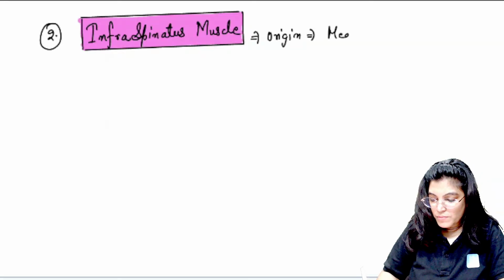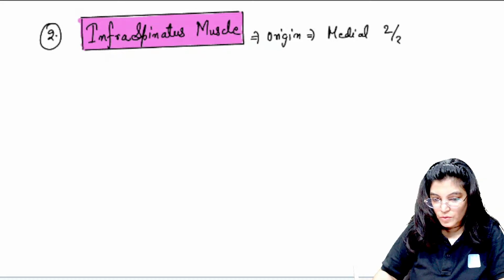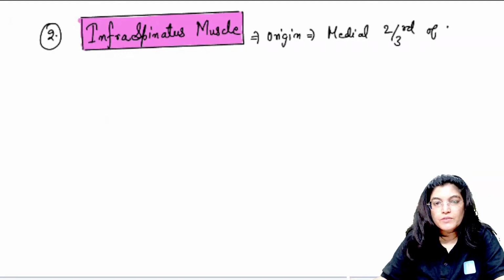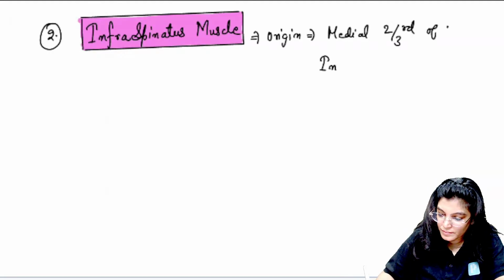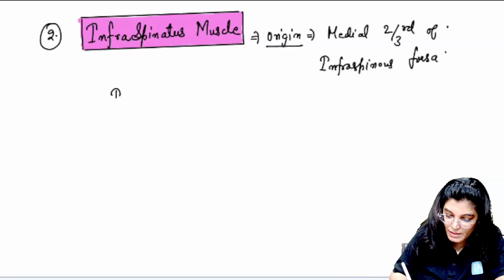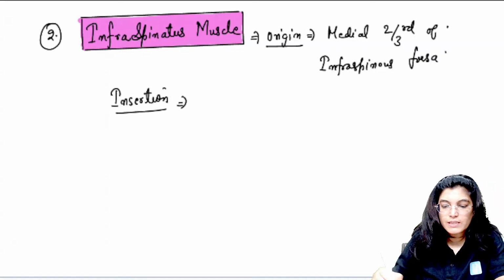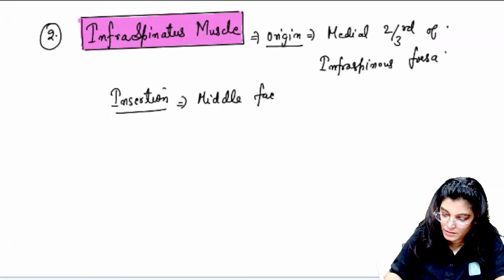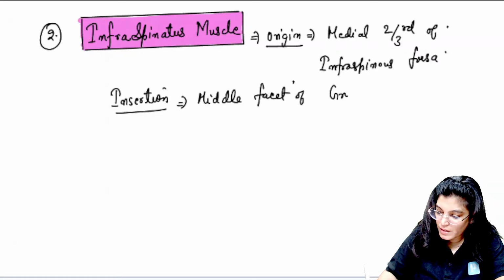It arises from the medial two-third of the infraspinous fossa. Insertion: it inserts onto the middle facet of the greater tubercle of the humerus.